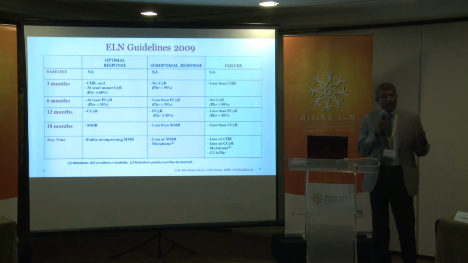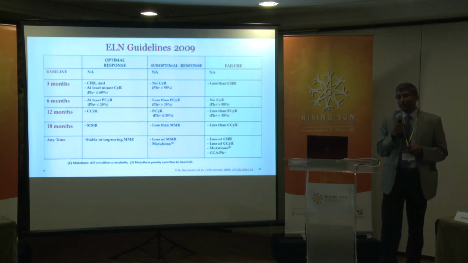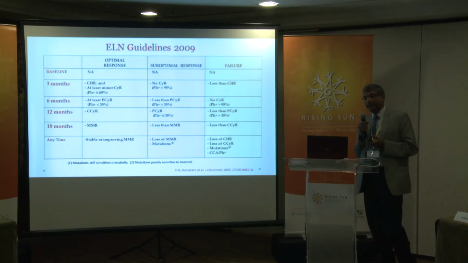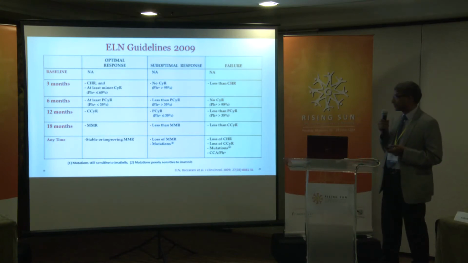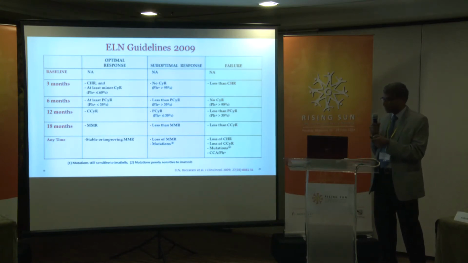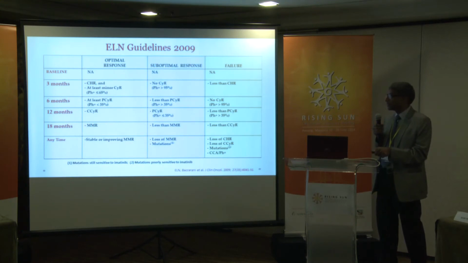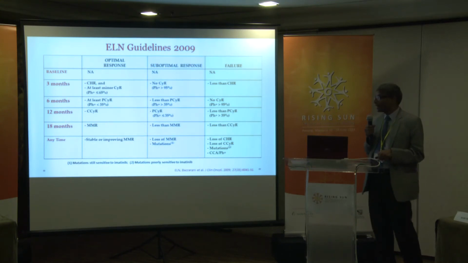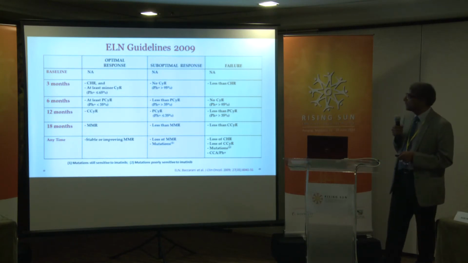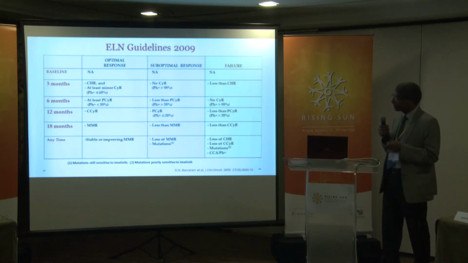So, based on these observations, the ELN guidelines of 2009 were designed, where they looked at various time frames: 3 months, 6 months, 12 months, 18 months, and at any time for any sort of loss of response or stable disease. They categorized patients into 3 groups.